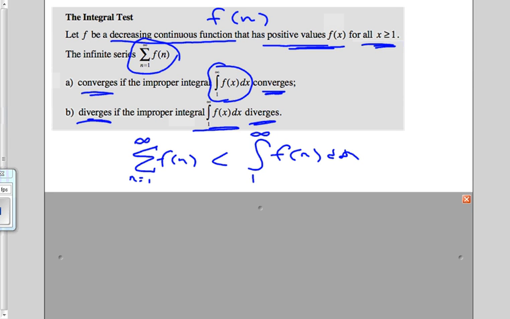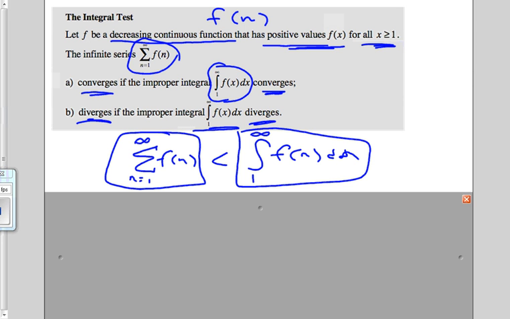So because that integral is bigger, if the integral converges and the integral is bigger, then the sigma notation must also converge because it's less than.